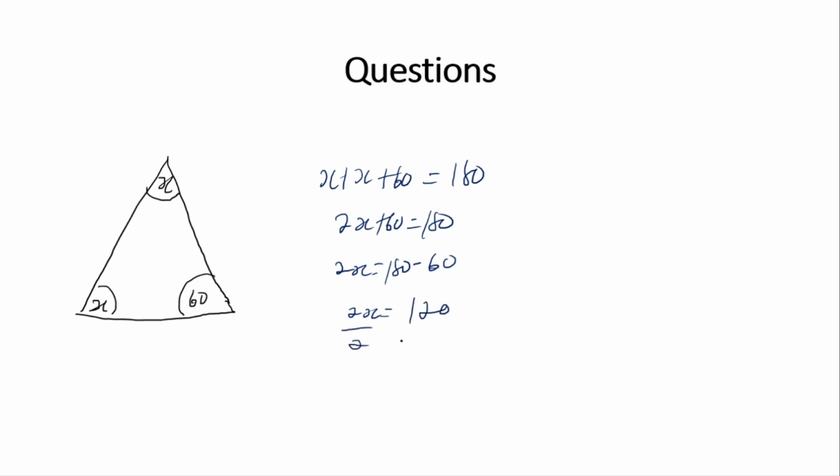Divide by 2, we have x equal to 60 degrees. So that implies that x is 60 degrees. If we sketch a diagram, you realize that this is 60, and this is 60, and this is also 60. That becomes an equilateral triangle, but it was not stated. Otherwise, you would have gone straight to the point that this is 60 degrees without even solving.